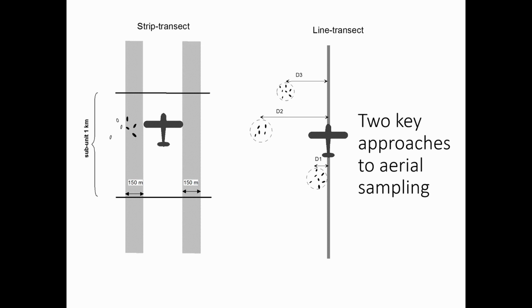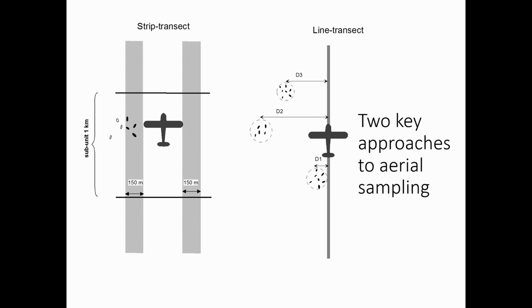And generally speaking, it's set up to define a strip width of about 150 meters on each side of the aircraft. And that's been done through some long experimentation, particularly in Kenya, in the late 1960s and through the 1970s. What is the best strip width?